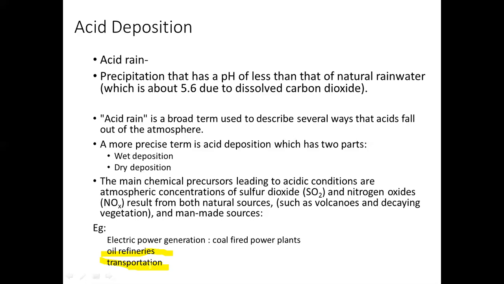Then during the combustion process, nitrogen is also emitted, so NOx can be emitted. When we talk about the main sources or main precursors of acid deposition, they are coal-fired power plants, oil refineries, and transportation, that means vehicles.